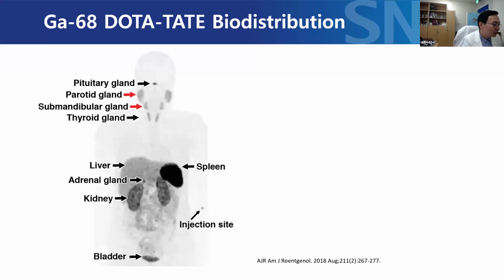The spleen typically shows the highest uptake, reflecting its abundance of somatostatin receptor 2 expressing immune cells. And the kidney and urinary bladder light up due to urinary excretion of the tracer. Understanding this normal biodistribution is crucial for interpreting the somatostatin receptor scan. It helps distinguish normal physiological uptake from potential tumors.